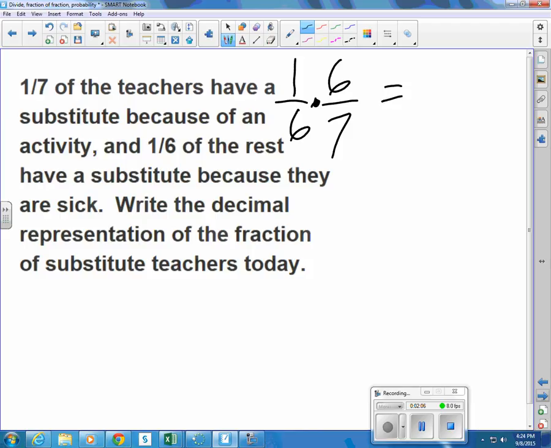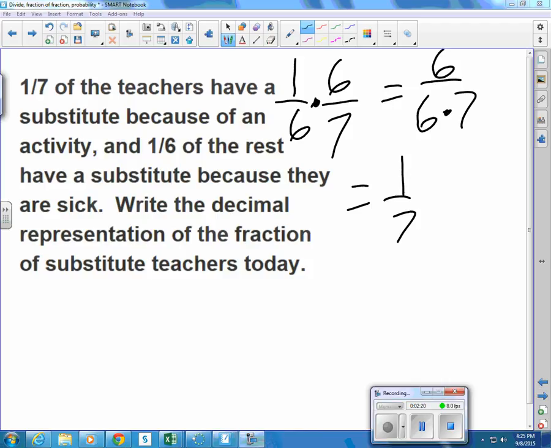Well, that turns out to be 6 times 7. Well, that turns out to be 1/7. Okay, so 1/7 of the teachers are also out because of sickness.